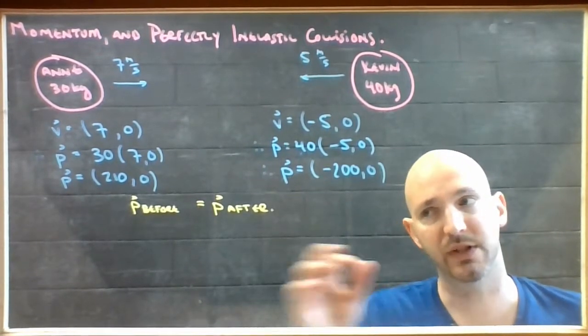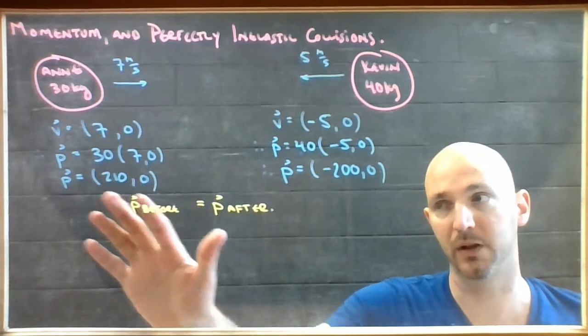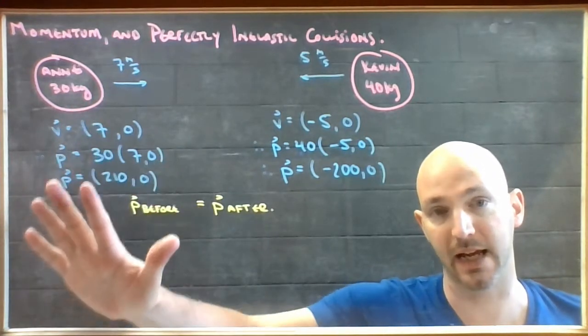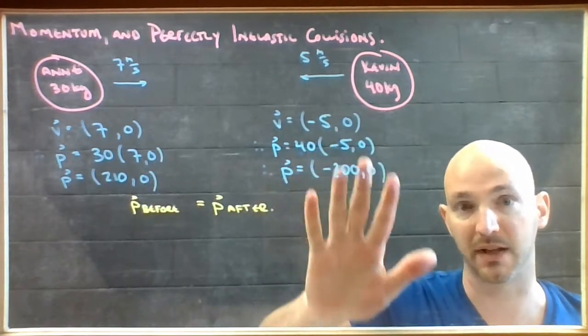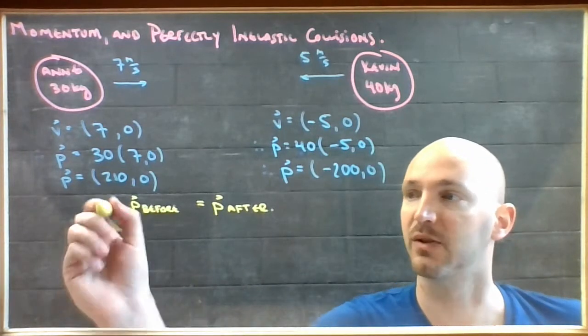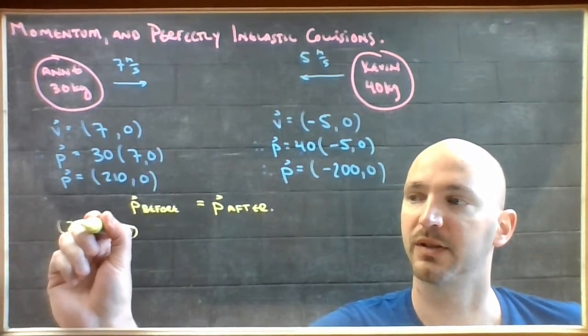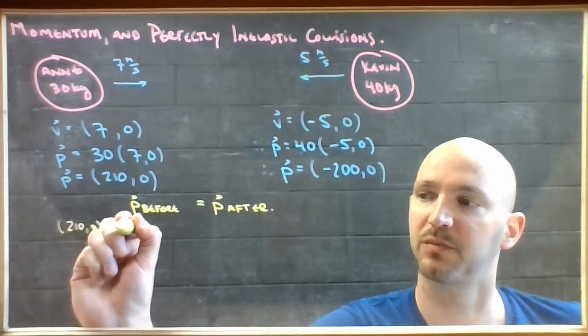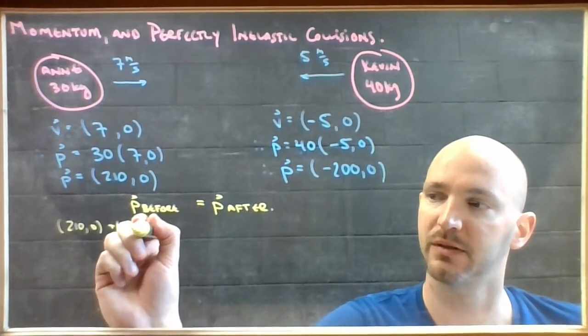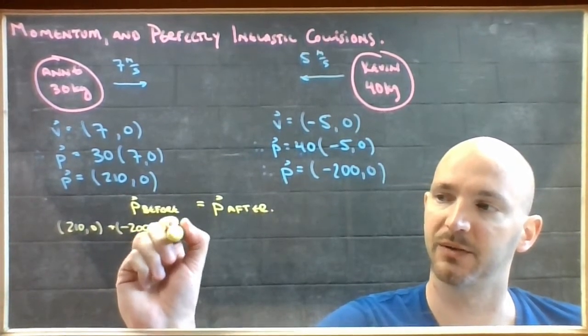So in order to get the momentum before, I'm going to look at the momentum that Anne had when we started and the momentum that Kevin had when we started. So that would be 210, 0 plus negative 200, 0.